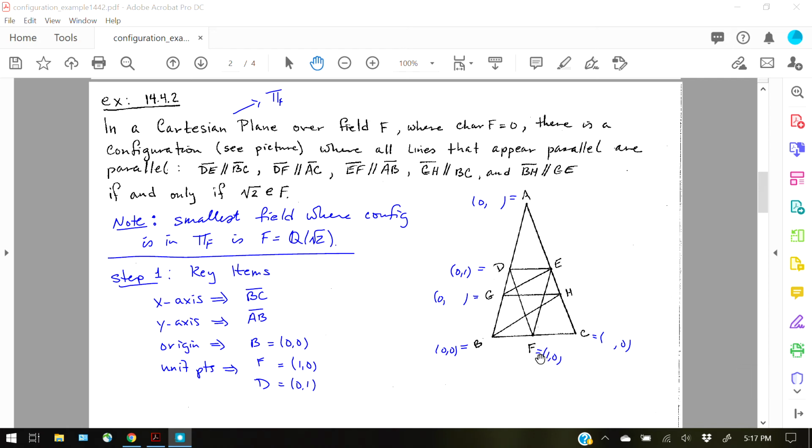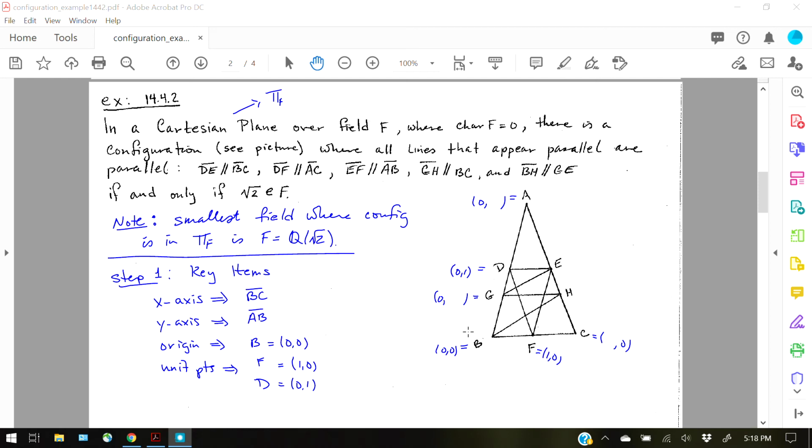So unit point F, unit point D, and since we know that BFC is the x-axis, I labeled all of the y-coordinates 0 on all of the points. And since we know A to B is the y-axis, I went ahead and labeled all the x-coordinates of these points with a 0.